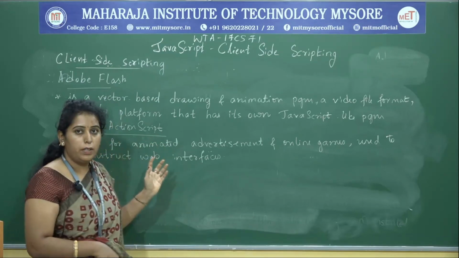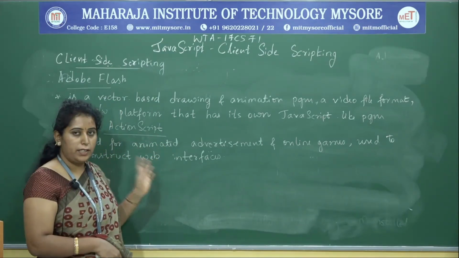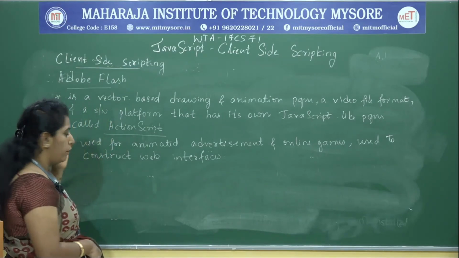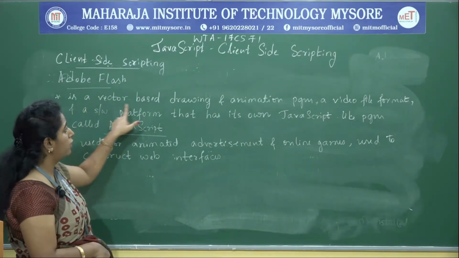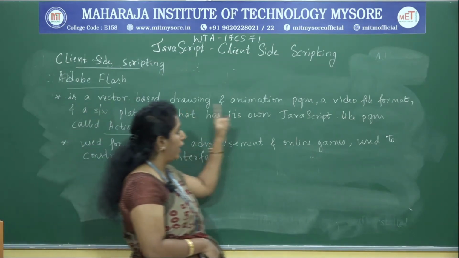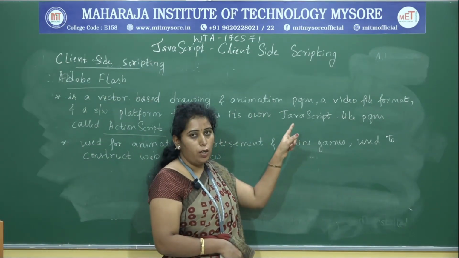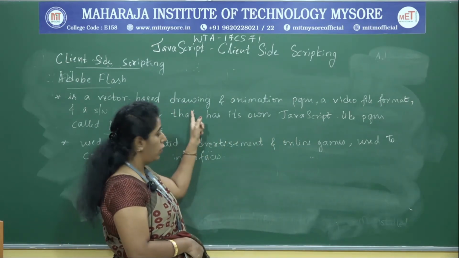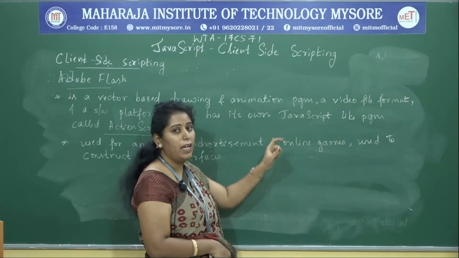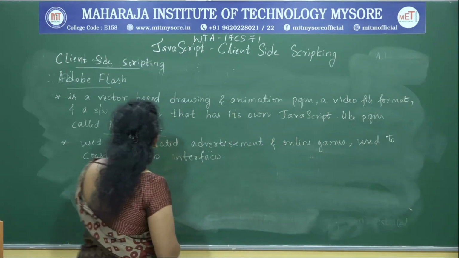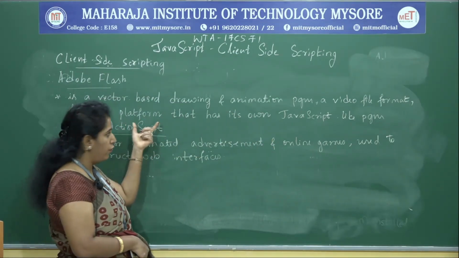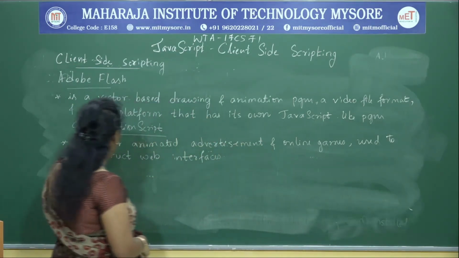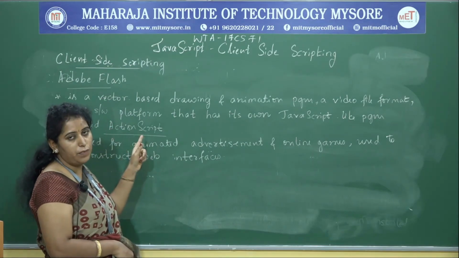Let me discuss Adobe Flash as a client-side scripting language. What is Adobe Flash? It is a vector-based drawing and animation program, a video file format, and a software platform that has its own JavaScript-like program called ActionScript.